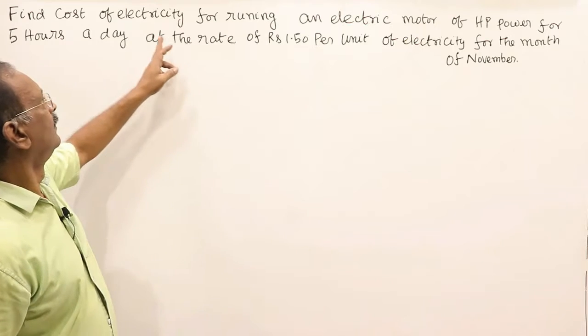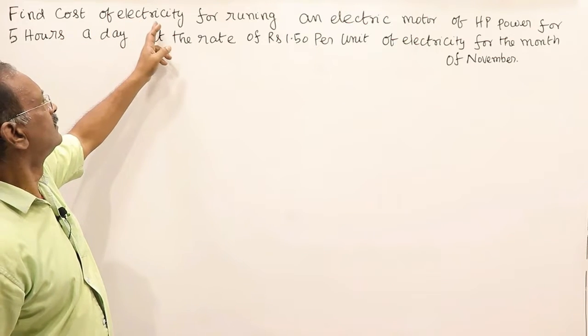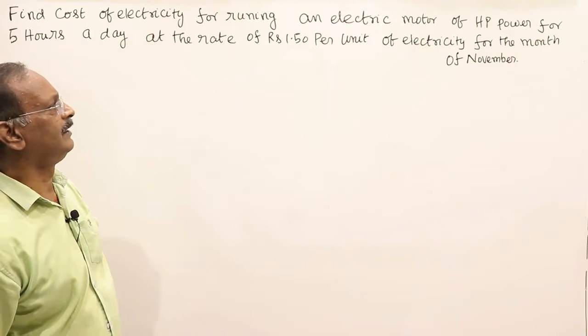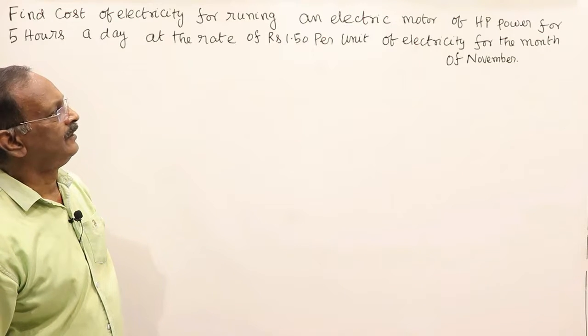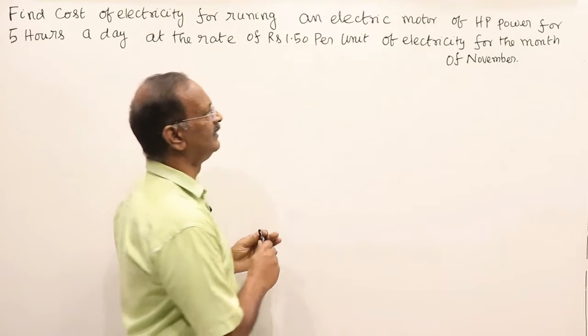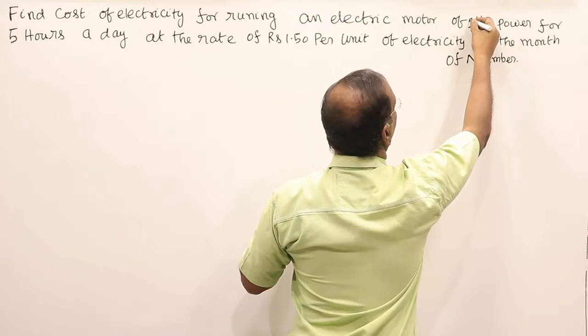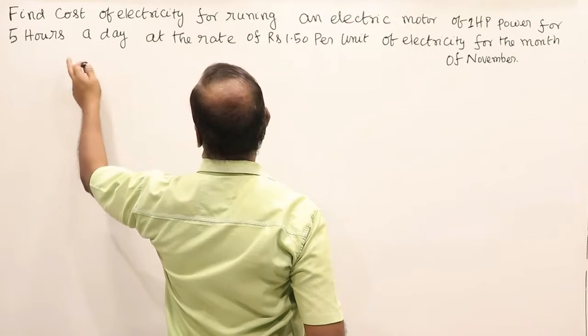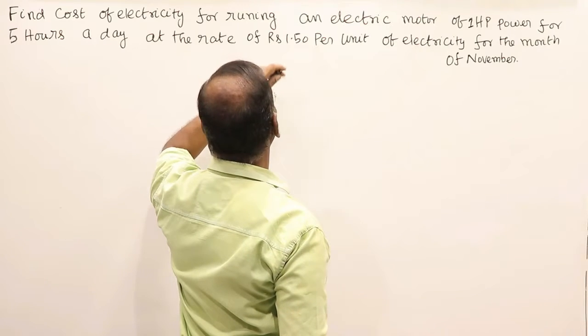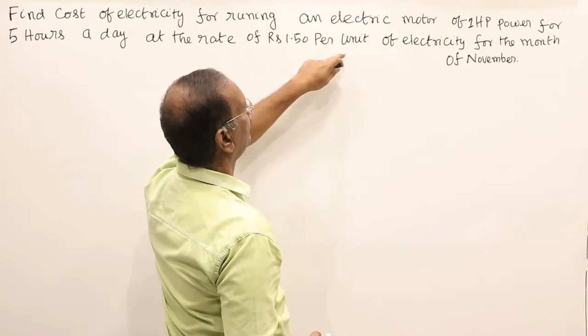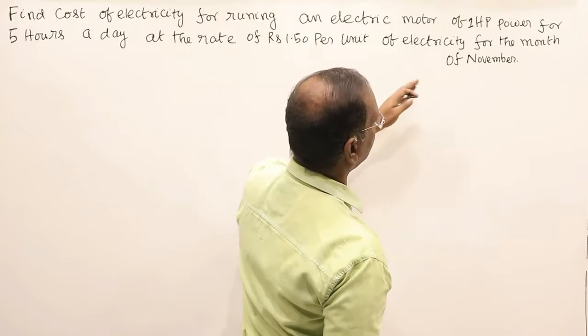Find the cost of electricity for running an electric motor of 1 HP power for 5 hours a day at the rate of ₹1.50 per unit of electricity for the month.